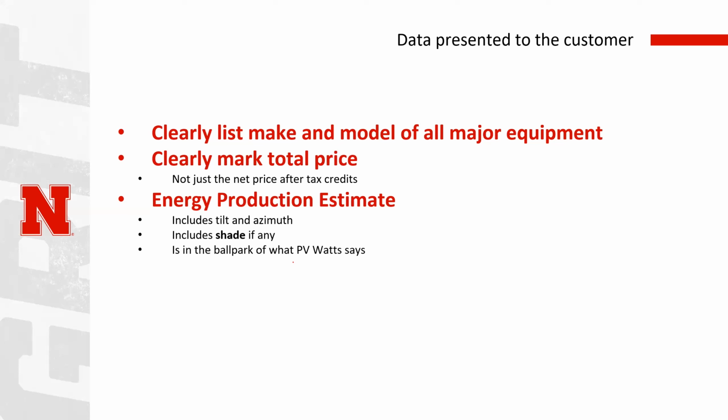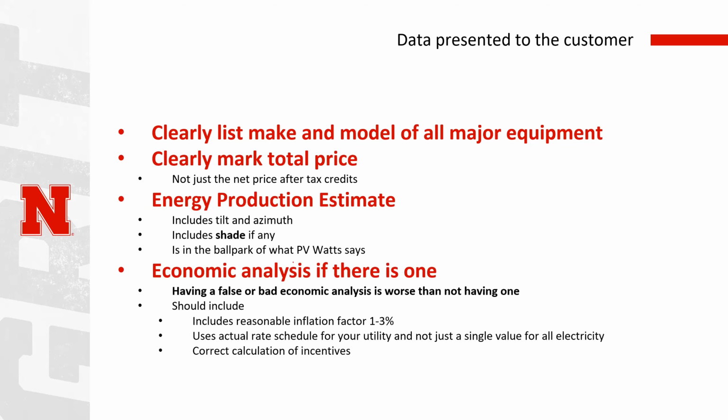So you want a production estimate. Now, they don't have to do an economic analysis, but if they do, it should be at least halfway decent, meaning they should not have false or bad things like a really high inflation factor, saying, well, didn't you know all your electricity is worth one price?